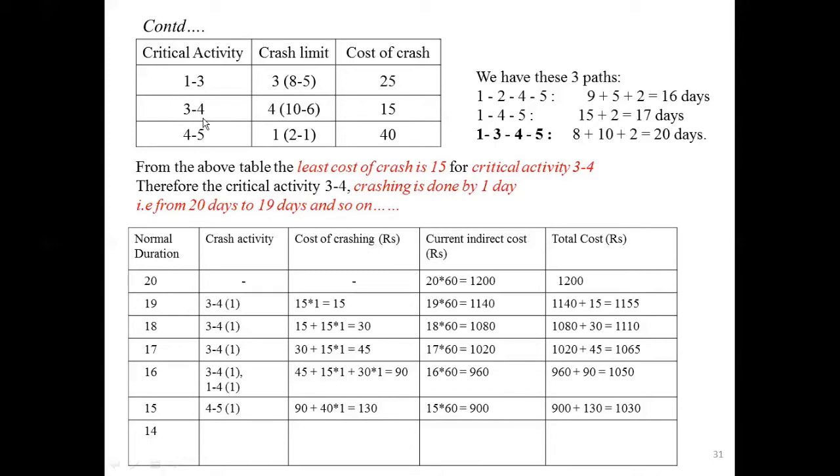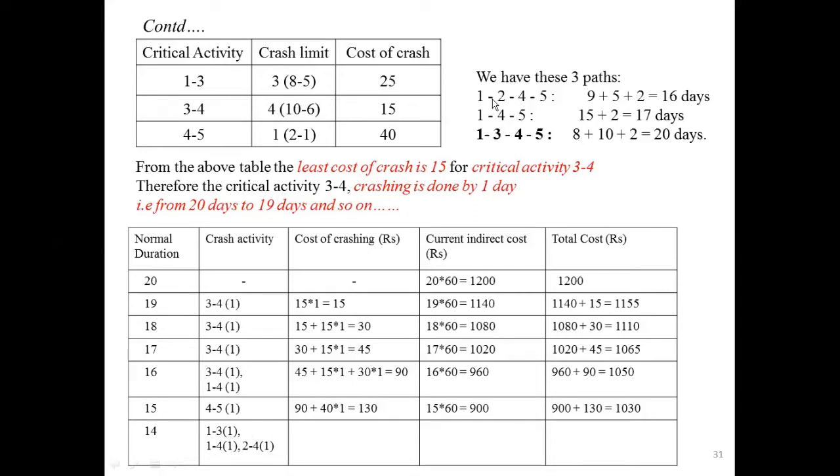The critical activity 4 to 5 is crashed by 1 day. Here 1 to 3, we have to crash by 3 days. We will choose the critical activity 1 to 3. In this path 1, 3, 4, 5, 4 to 5 is over. The possibility is only 1 to 4, and hence I chose 1 to 4 by 1 day.